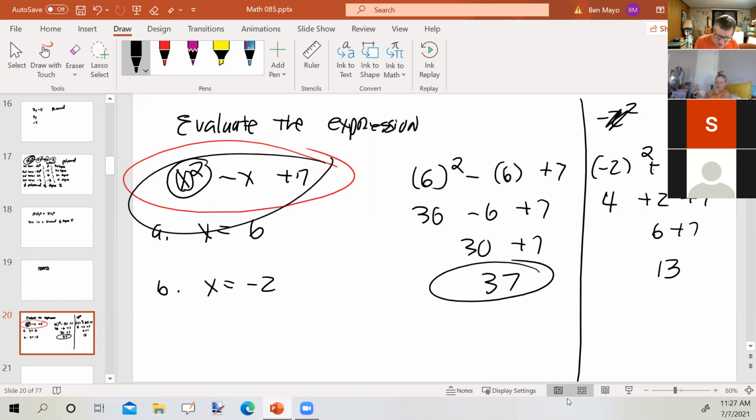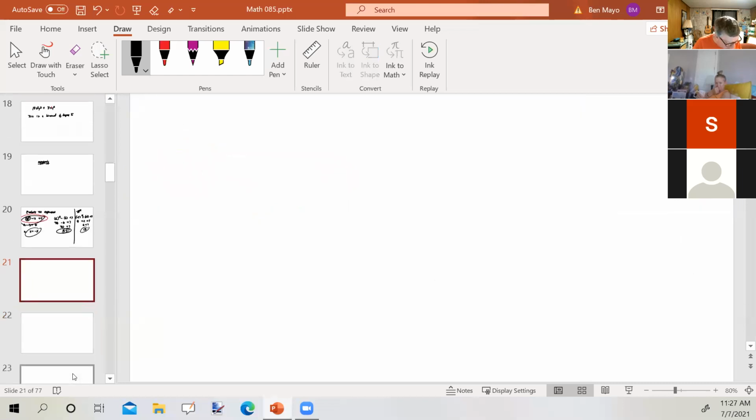So the value of this expression when x is 6 is 37. We take the same expression but change the variable to negative 2, and its value is 13. Any questions about that? All right, let's take a look at another example.